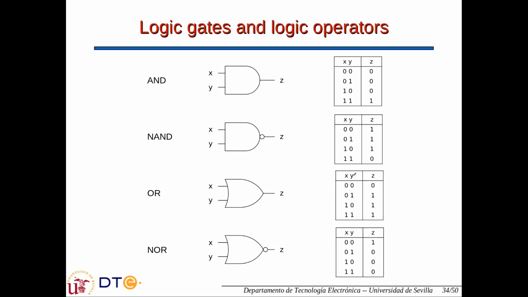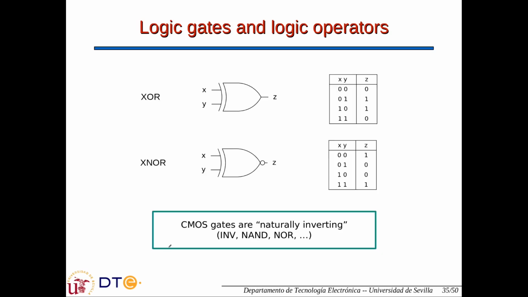So this is the table of operation, or the truth table, for this OR gate. We also have the inverted version, the inverted OR gate or NOR gate, and in the same way we define some other useful gates like the exclusive OR, which makes the output 1 only when inputs are different, when one or the other is 1 but not both at the same time, and the complemented version.